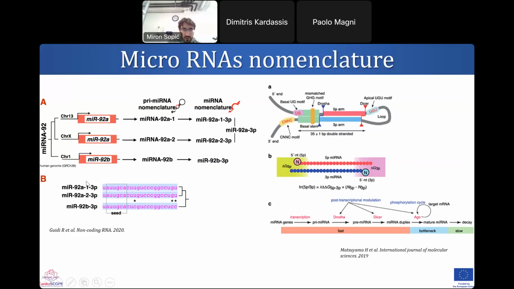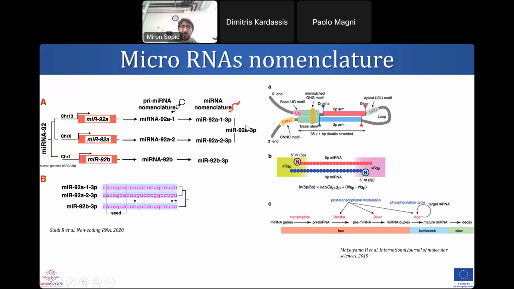Then, in order to understand all the other letters in the nomenclature, we need to go a little bit back and understand how these microRNAs are produced. You can see here that these two microRNAs that are called microRNA 92A are coming from two different genes, but in the end, they are called the same, microRNA 92A-3p.